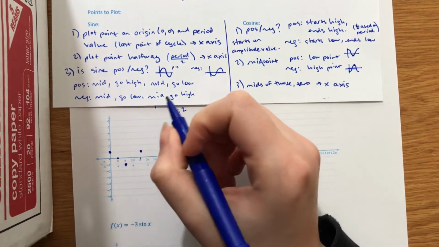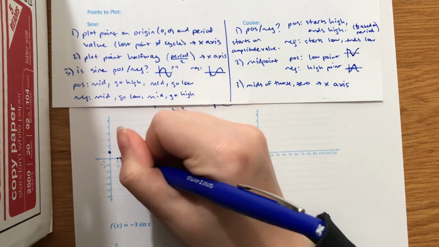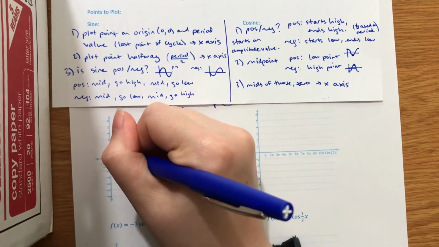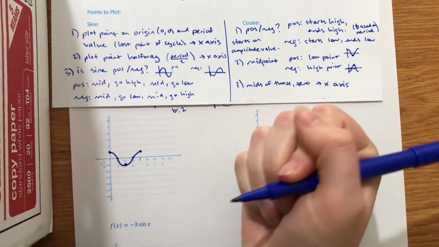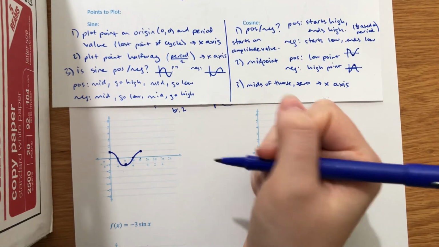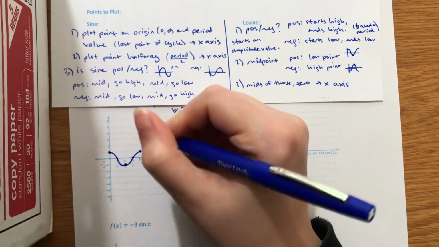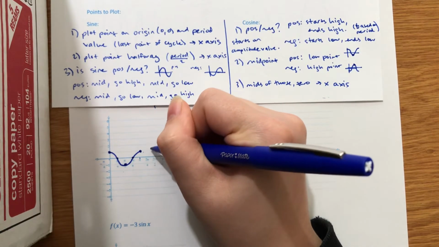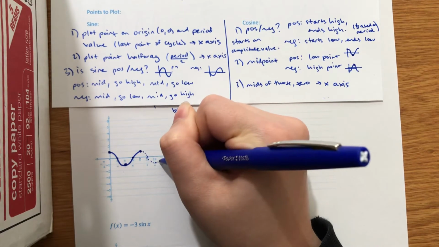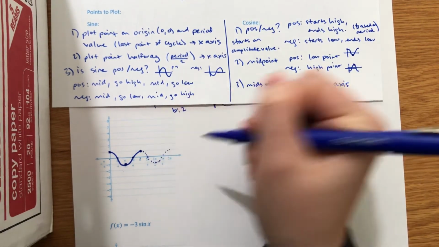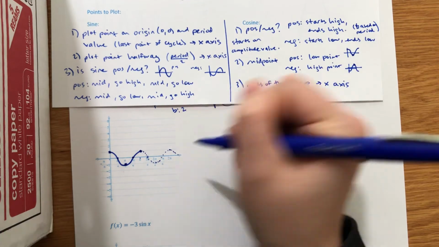Pi over 4 and 3 pi over 4 are your zeros. And then you just connect it and make a cosine cycle. Ta-da! And like I said, you can just stop here, or if you want, you can keep going. It's going to look like that if you keep going.